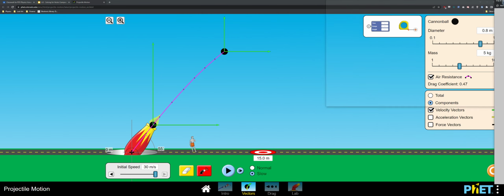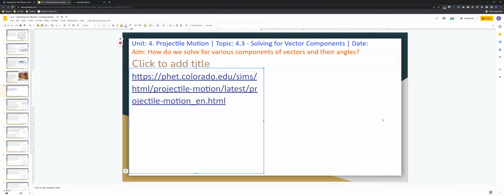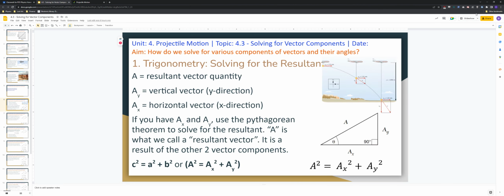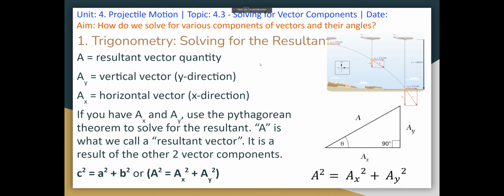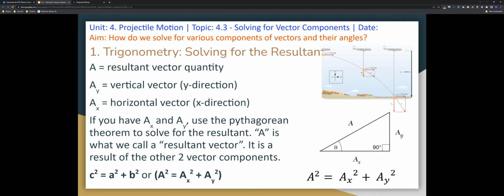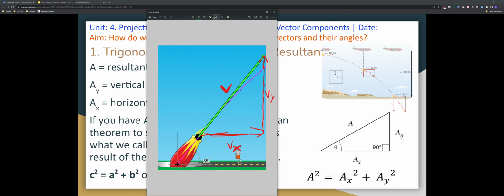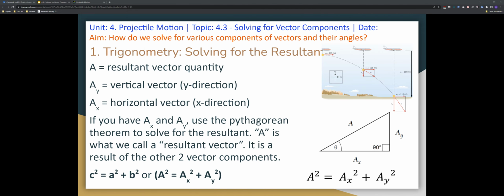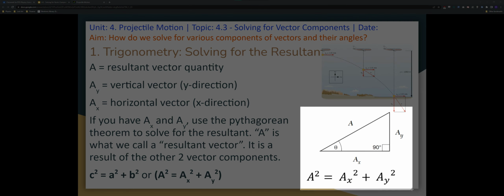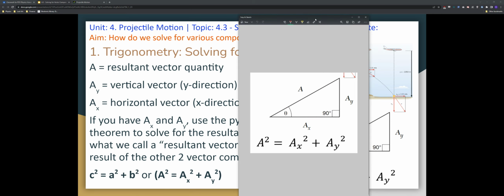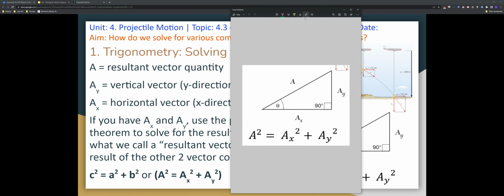And this concept should be familiar to you guys, because that's known as the Pythagorean theorem. We have two sides here, and we're going to call our hypotenuse A. That long side, A, is essentially your actual velocity.